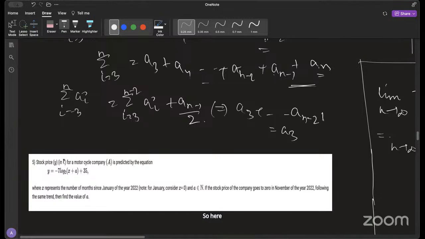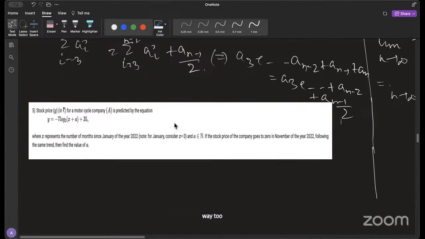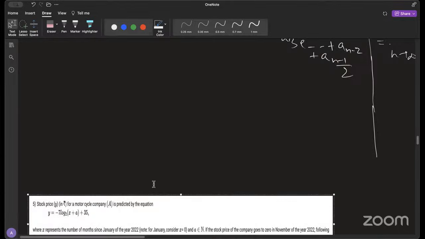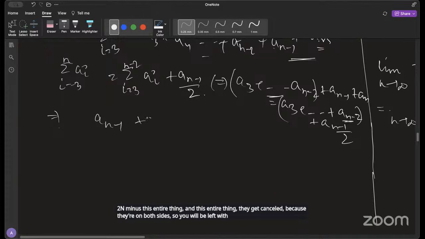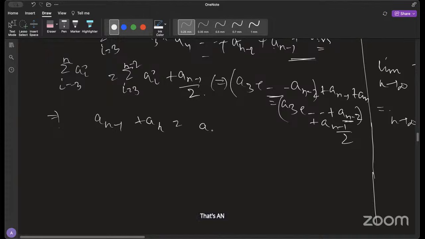So here you have an minus 2, an minus 1, and an. And on the other side you have this to an minus 2 plus an minus 1 by 2. This will mean now this thing to n minus 2, this entire thing and this entire thing, they get cancelled because they're on both sides. So you will be left with an minus 1 plus an is equal to an minus 1 by 2.